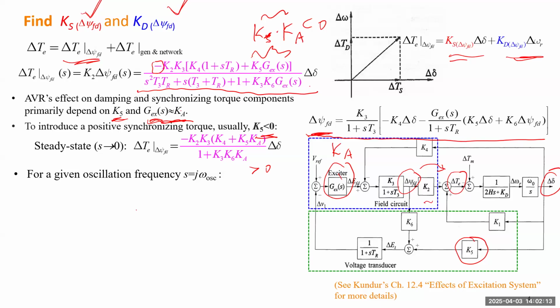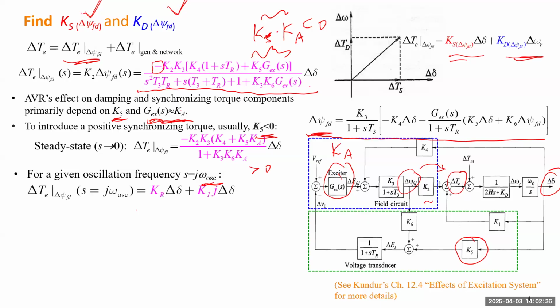Let's assume dynamic condition. For dynamic condition, I don't want to make it complex. I only consider what if the dynamics only have one dominant oscillation mode, which means the waveform is basically like a sinusoidal waveform at frequency omega oscillation. But we don't know it, so let's keep it open.